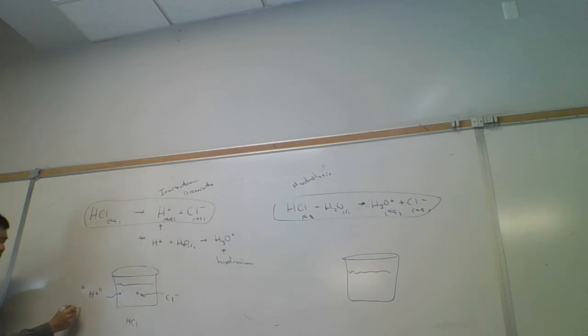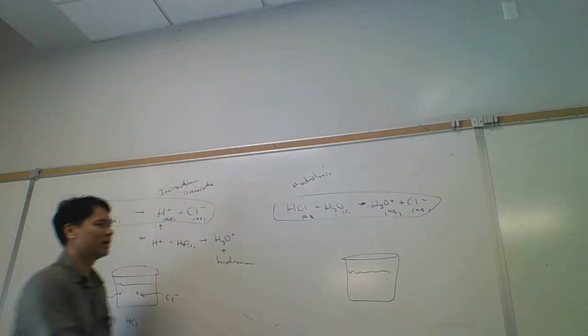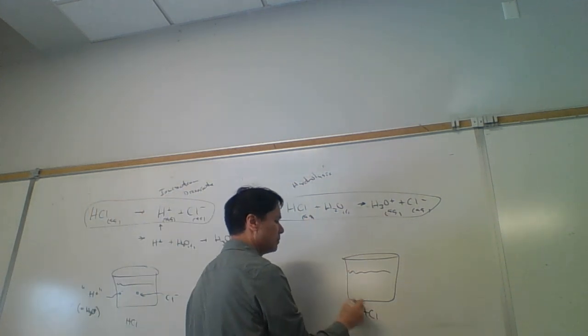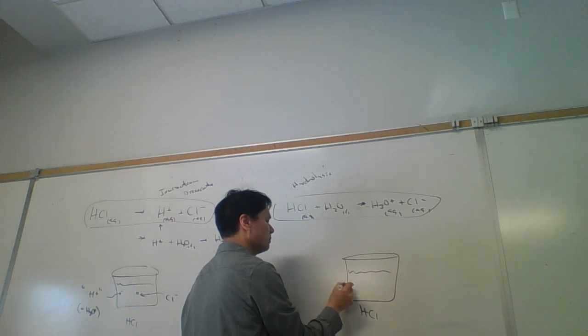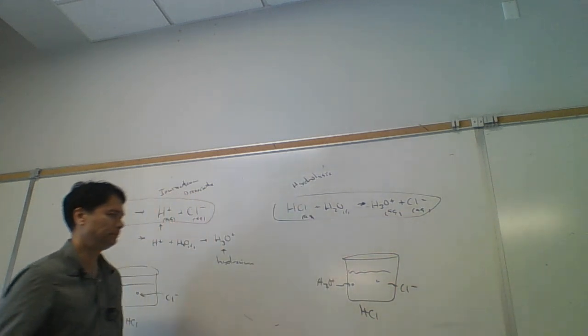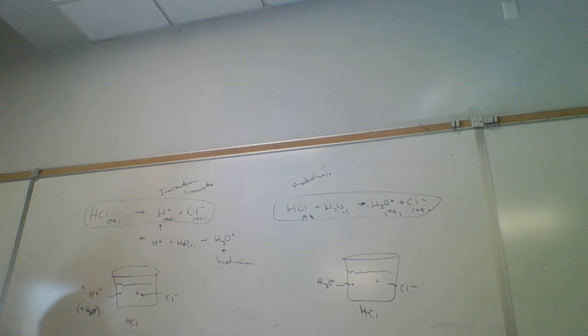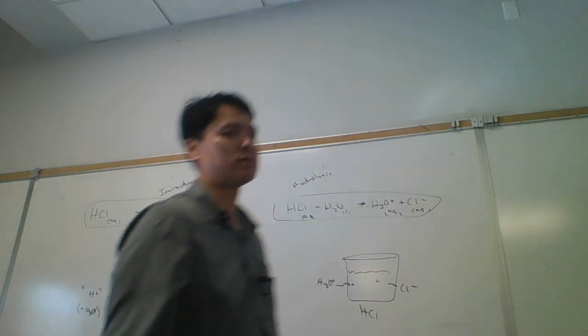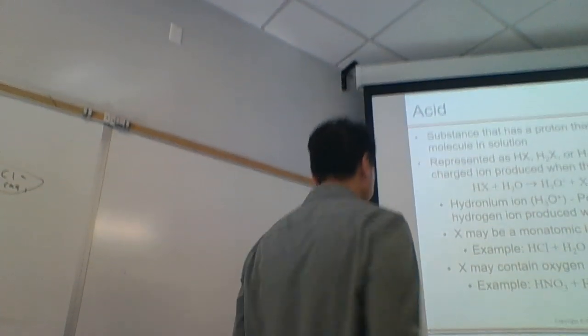When I see H plus, I really know that means hydronium, not H plus, because H plus itself is too unstable. Or if I have a beaker that's labeled HCl, then I'm going to have hydronium ions and chloride ions present. And so oftentimes we'll leave it like this because this is a more shorthand, abbreviated way of writing things, and we like to use abbreviations, so there's less writing we have to do.